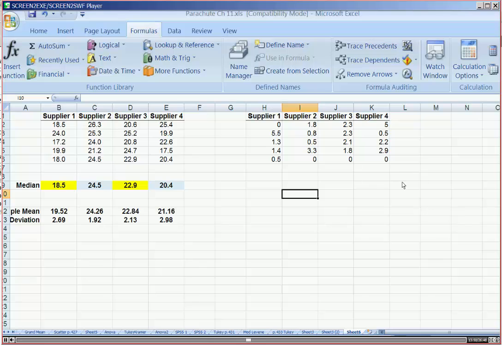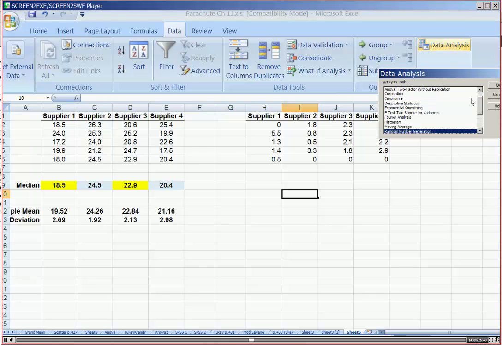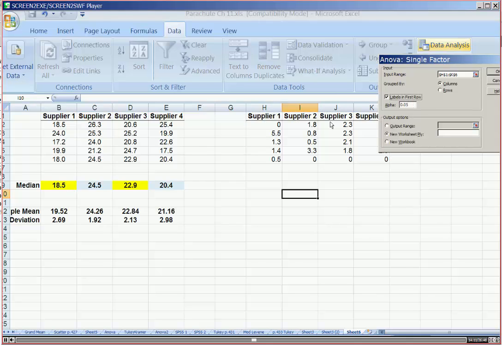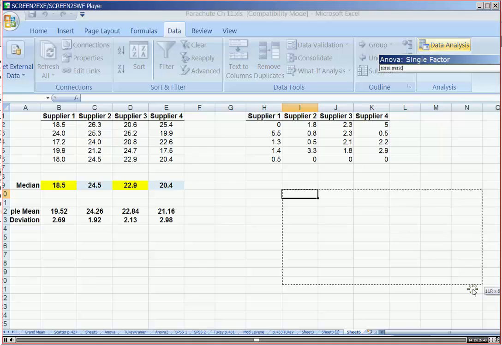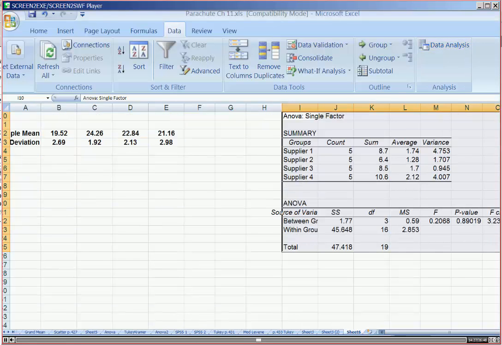Now, based on these values, we're going to run the ANOVA. As we've done before, we're going to Data Analysis, single factor ANOVA, we get our range, and yes, we have labels in the first row. We'll pick the output range right here, so we don't have to look on the other tab, and fire it up.